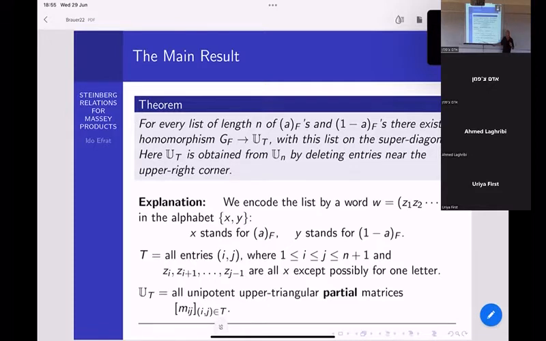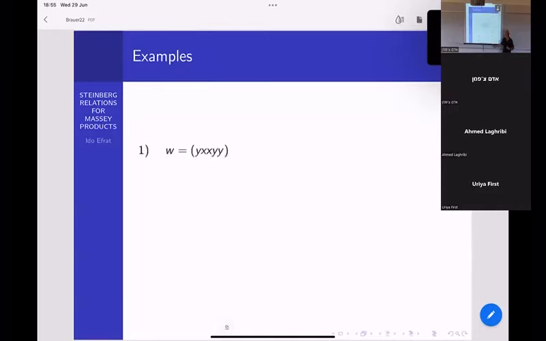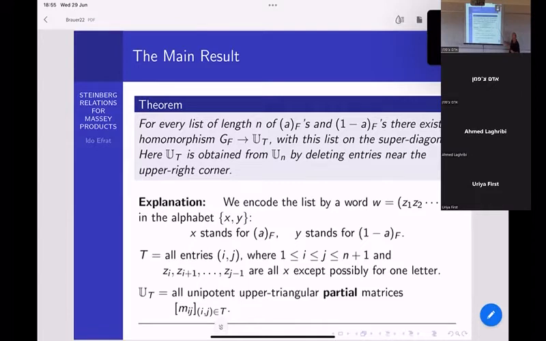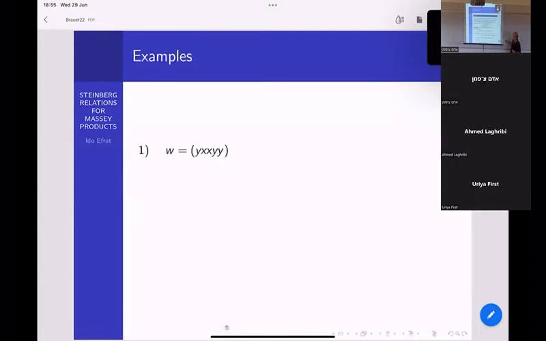Here, I guess I must give some examples. So here are some examples. Let's make this concrete. Consider this word, 5 letters, YXXYY.